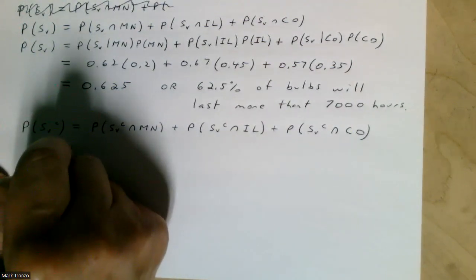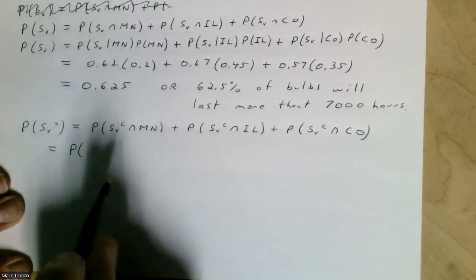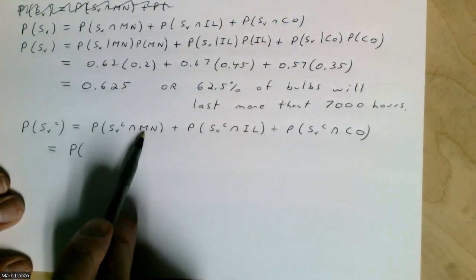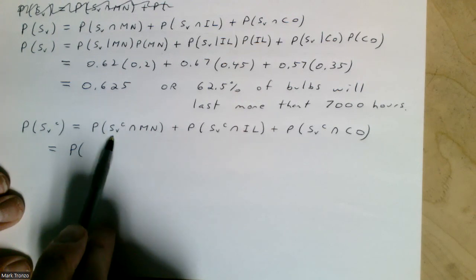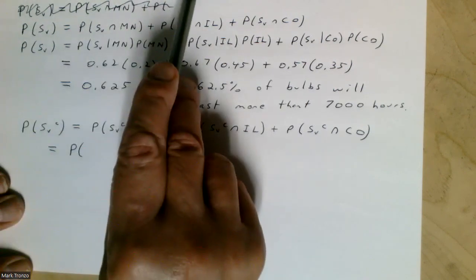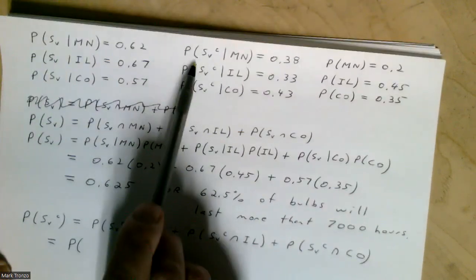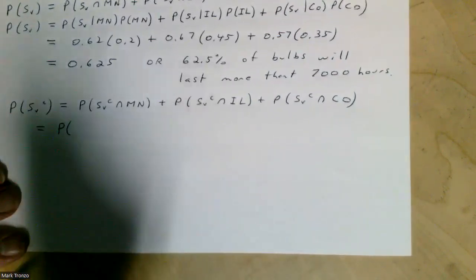And this is going to be, once again, we could put this as MN given SVC, but what we know is SVC given MN, so we'll write it that way.